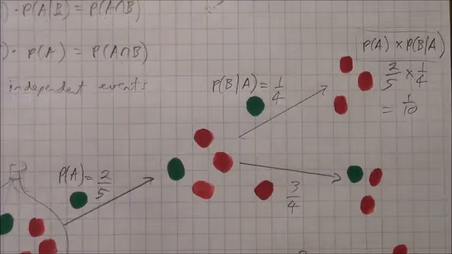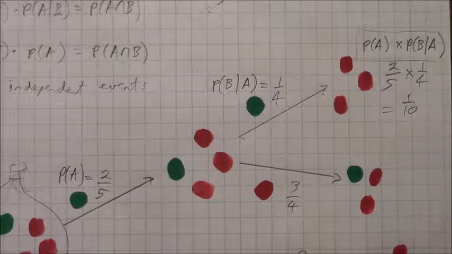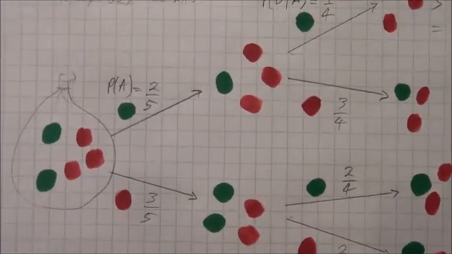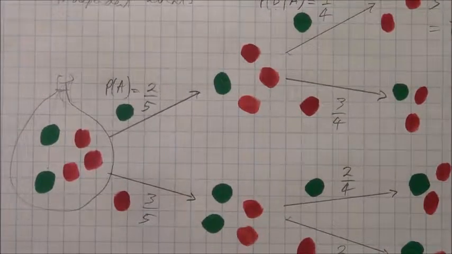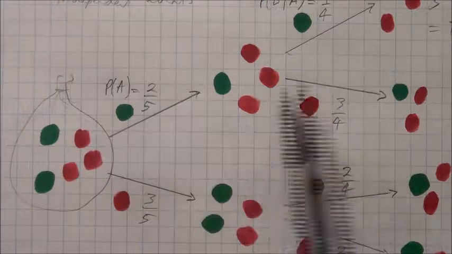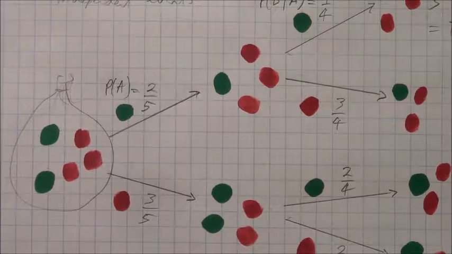Okay, so that's a little bit about conditional probability and independent events. And I know this is dependent, but it also comes into play with conditional probability, and we have to understand both independent and dependent probabilities, or events.